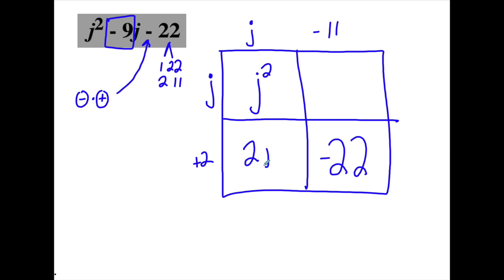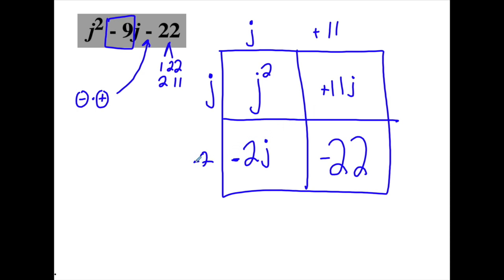The one thing to remember whenever you do this is that every wrong answer is okay, because a wrong answer gives you insight. For example, let's say I had done it the other way. Let's say that I had said, oh, well, to me it makes sense, negative 2 times 11 does equal negative 22. If I had done that, what I would have gotten is positive 9j instead of negative 9j.